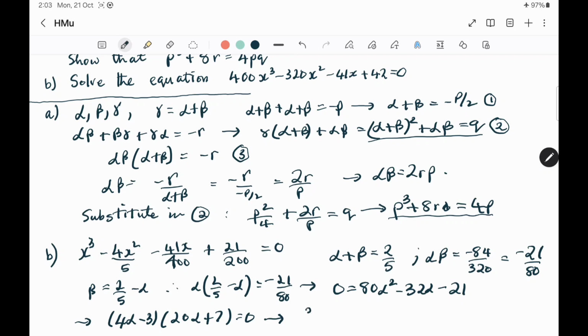One root is 3/4, another root is minus 7 upon 20, and the third root is the sum of those two, which comes to 2 over 5, and that solves the equation. Thank you for listening.